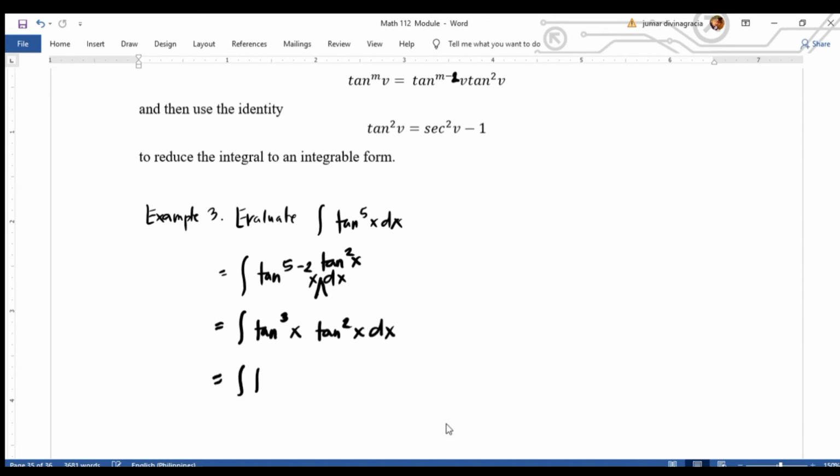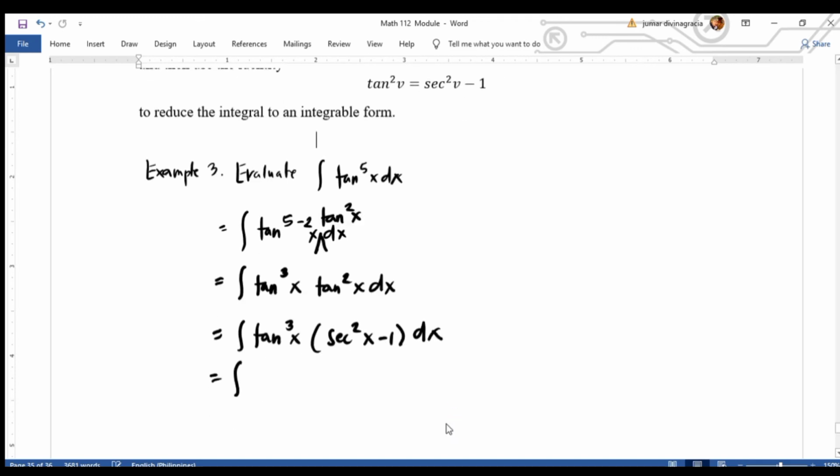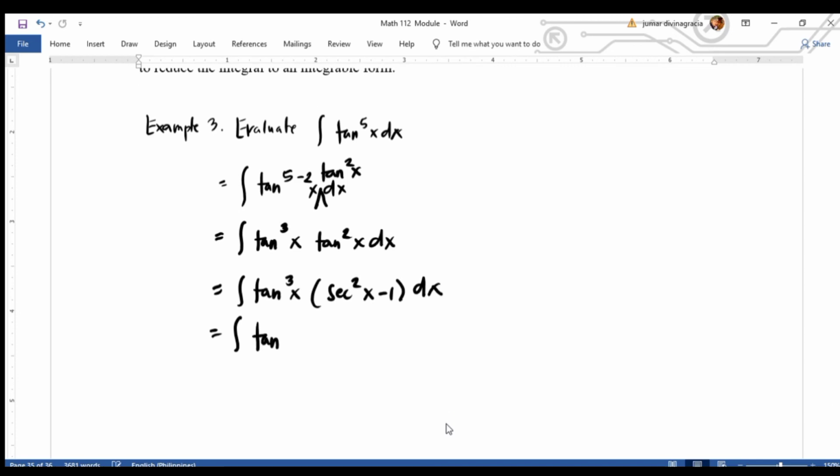The integral of tangent of 3 of x times the identity of tangent square x, which is equal to secant square of x minus 1 times dx. Then we will distribute tangent to the power of 3 of x times the identity. So we now have tangent of 3x times secant square of x minus tangent of 3 of x dx.